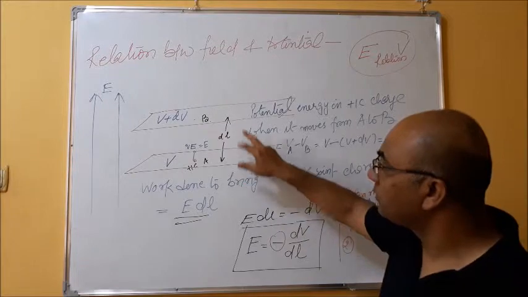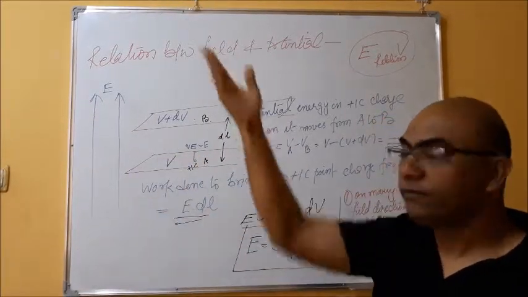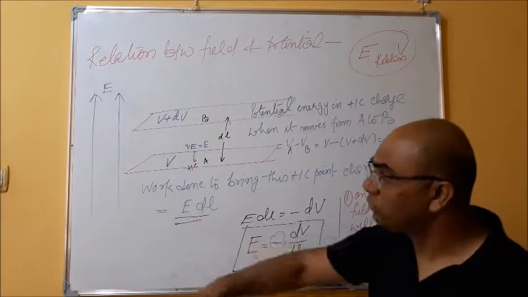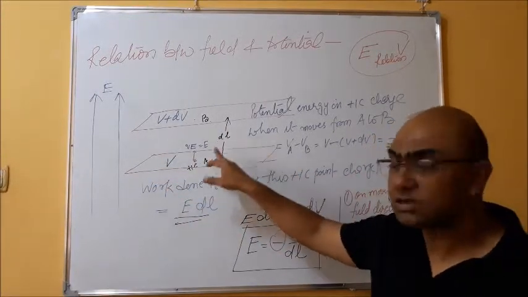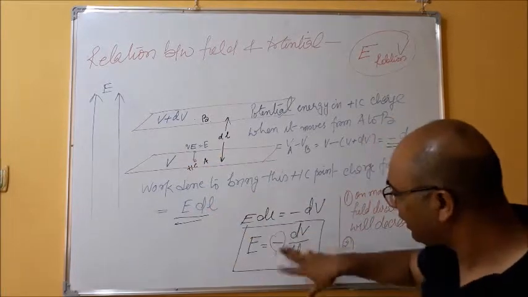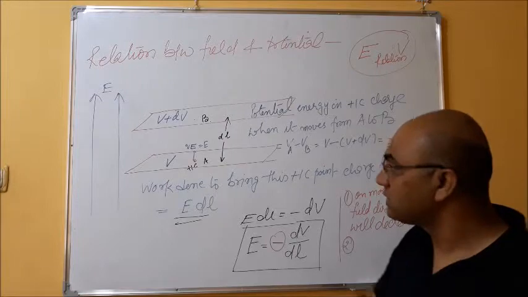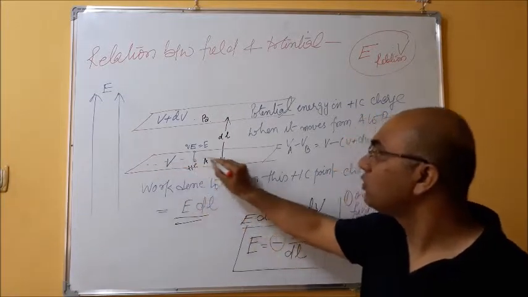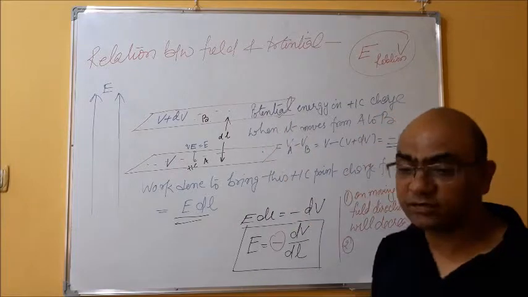So from the concept of equipotential surface, if electric field lines are going from bottom to top, there will be some equipotential surface, and this derivation holds good if this plus 1 charge is at either place on this equipotential surface and moving to either place of the equipotential surface.